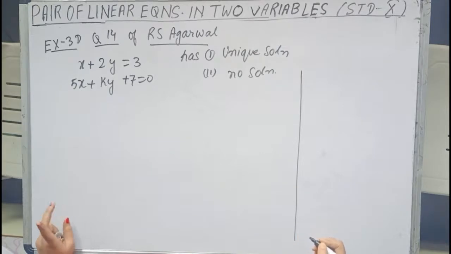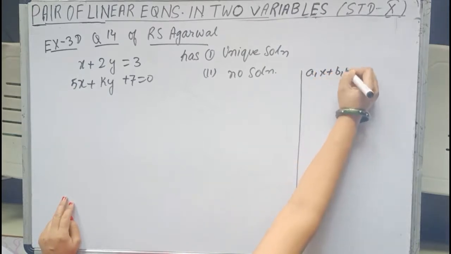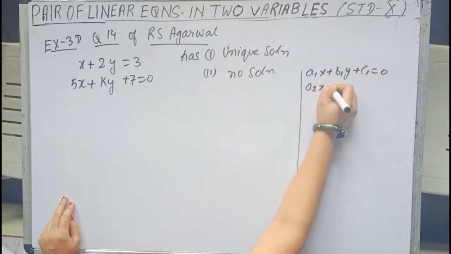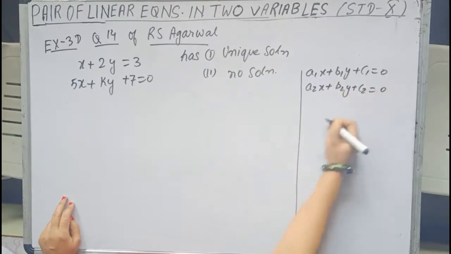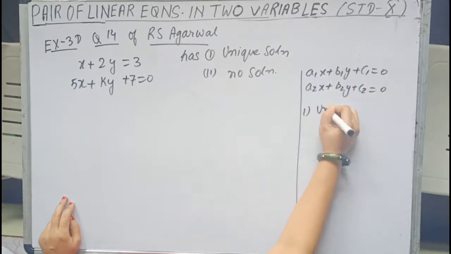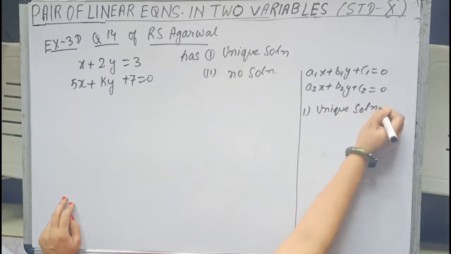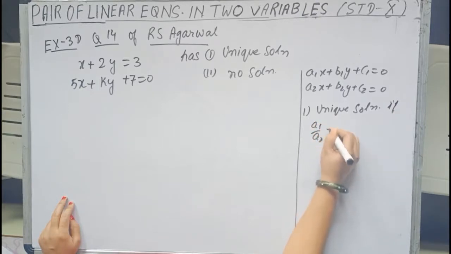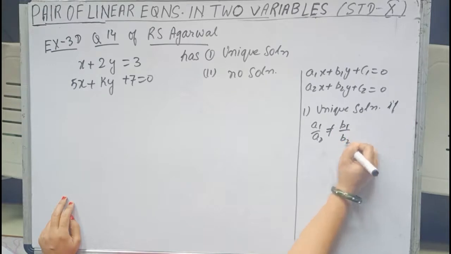So a system of equations a1x plus b1y plus c1 equals to 0 and a2x plus b2y plus c2 equals to 0 have number 1 unique solution if a1 by a2 is not equals to b1 by b2.